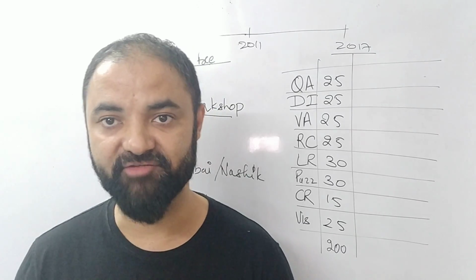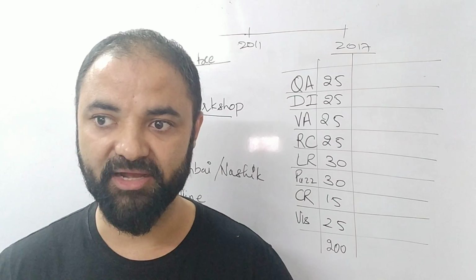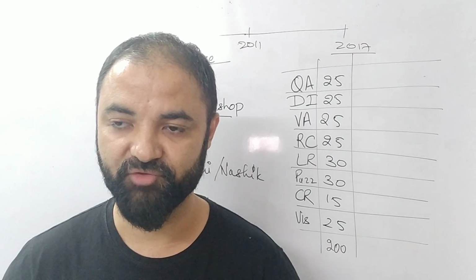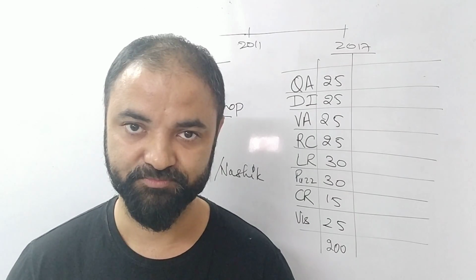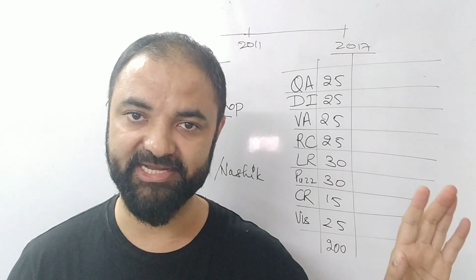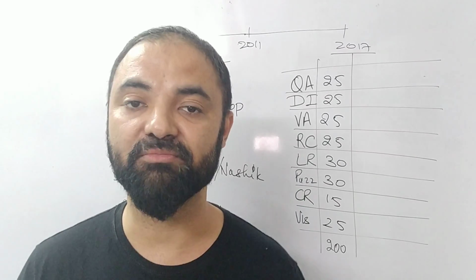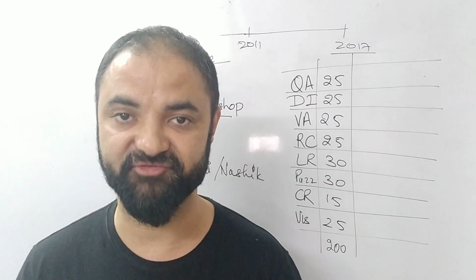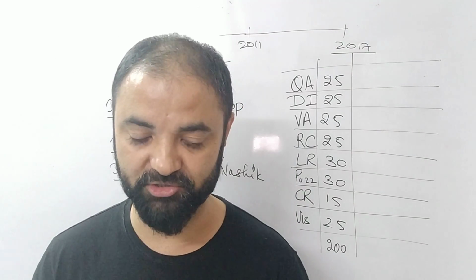We have to keep abreast with all these new changes. Out of the 200 mark paper, around 120 marks were totally new. So between 2010 and 2018, almost 60% of the paper has changed. So it's your duty to keep yourself abreast with all those changes.